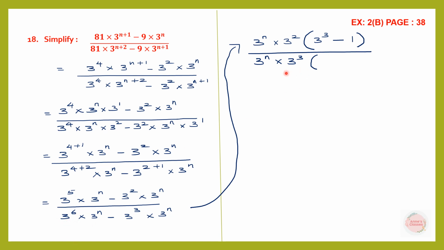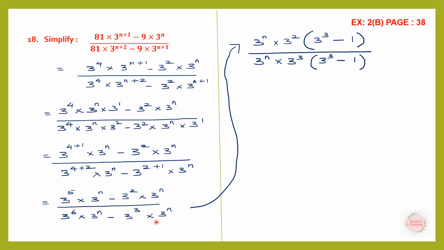I already have 3 to the power of 3 outside. So what is remaining? Only 3 to the power of 3. So that will become 3 plus 3, that is 6. Then let's look at the next one. 3 to the power of n, which is already there. Then let me write minus. Then I go to 3 to the power of 3, which is already outside, so I can write 1.